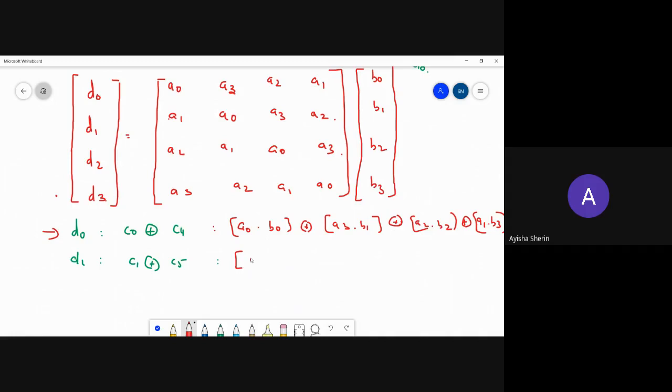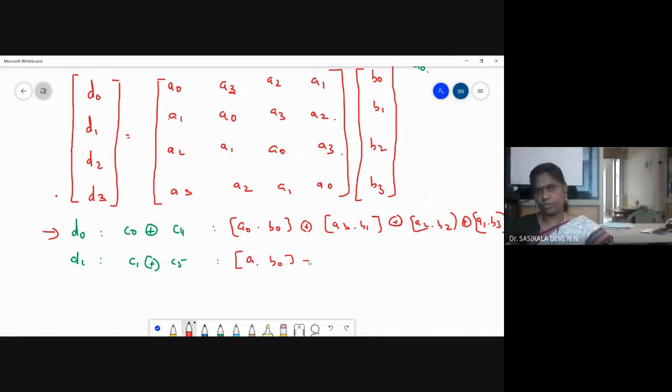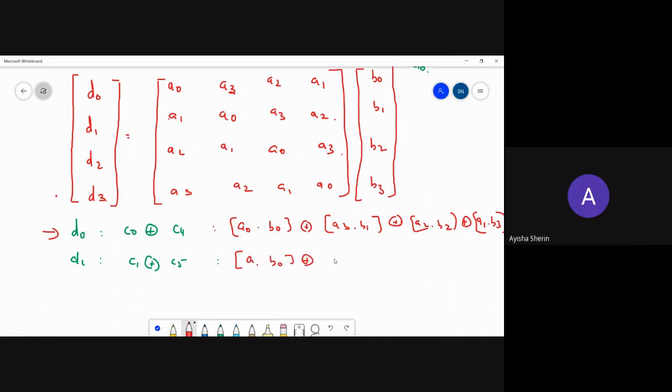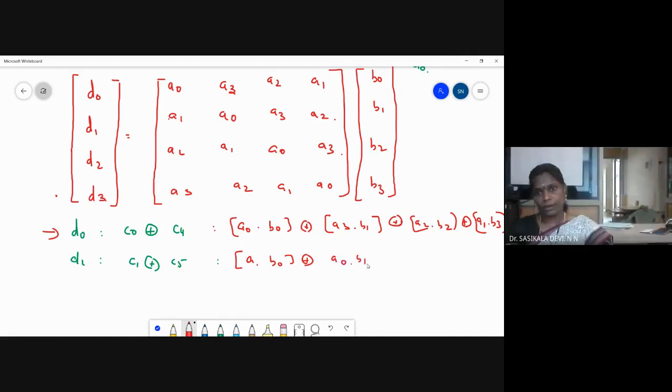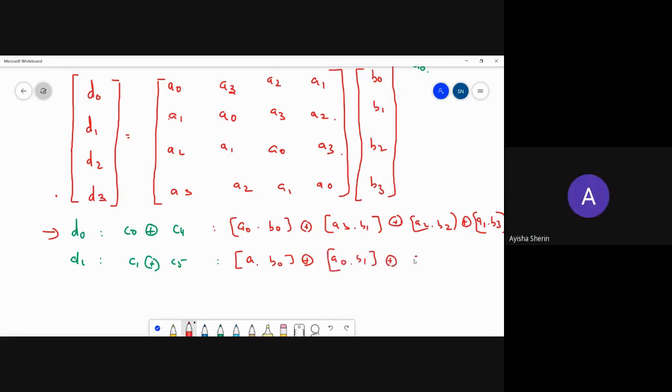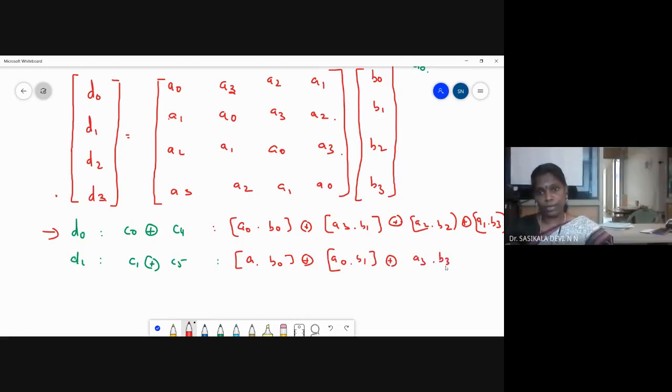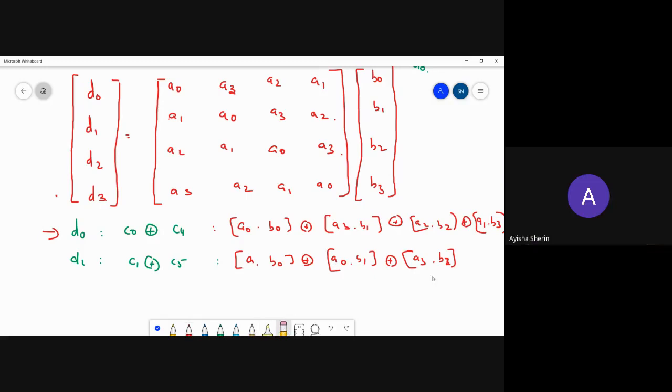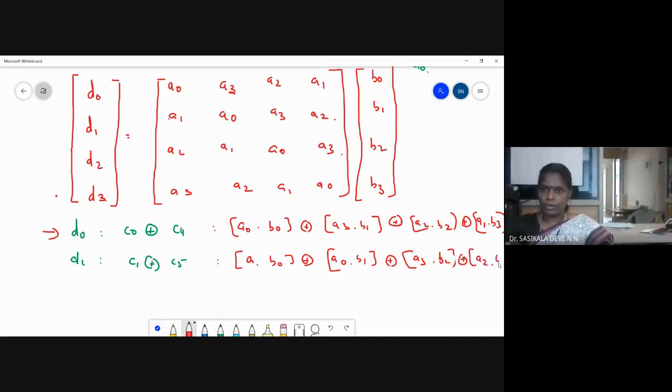A1, B0, then XOR A0 into B1, then XOR A3 dot B2, then XOR A2 dot B3.